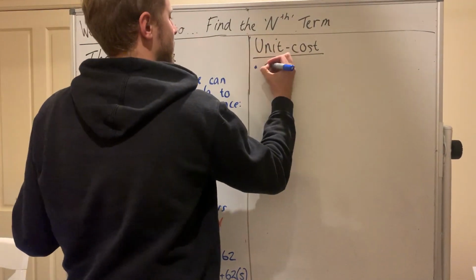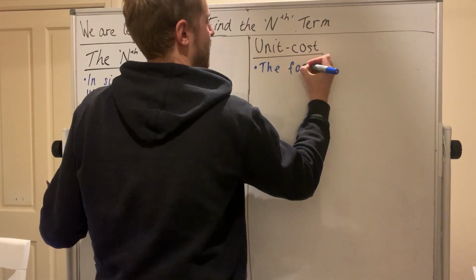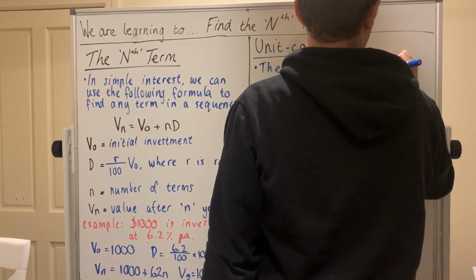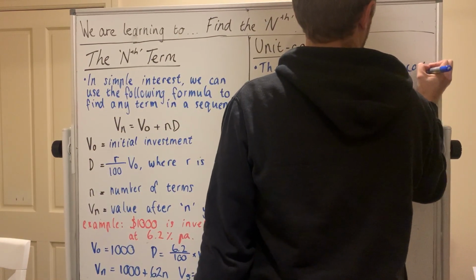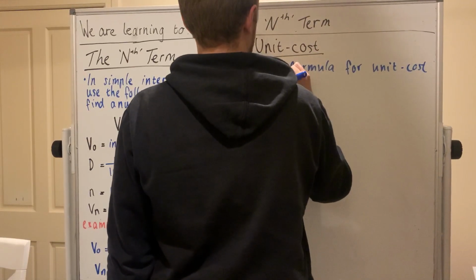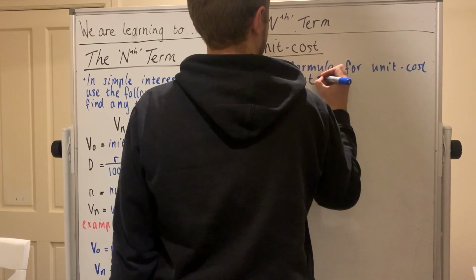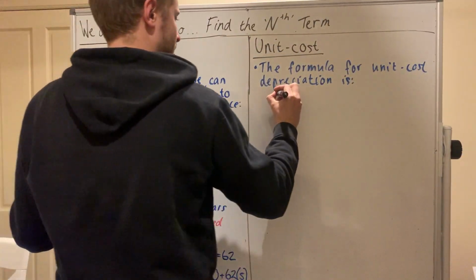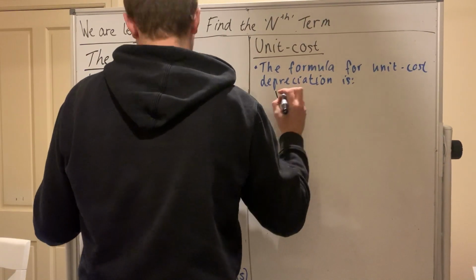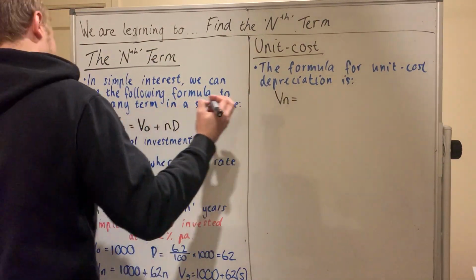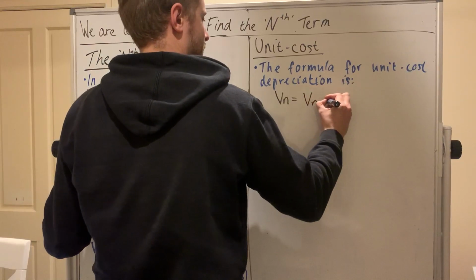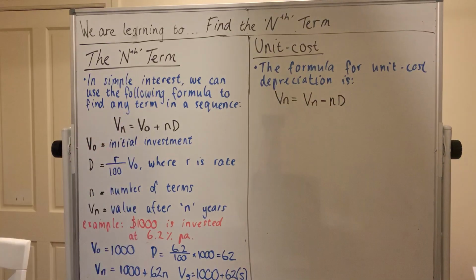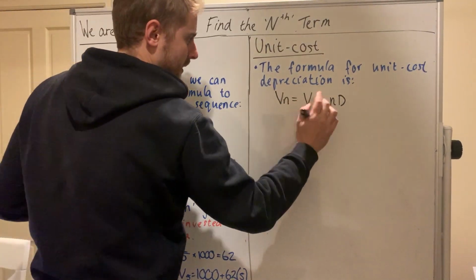The formula we use is basically the exact same as, oops, sorry, that should be a 0.